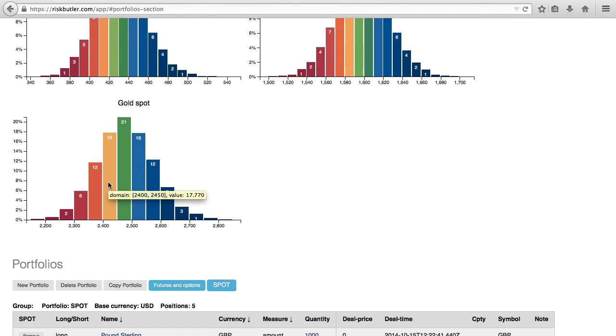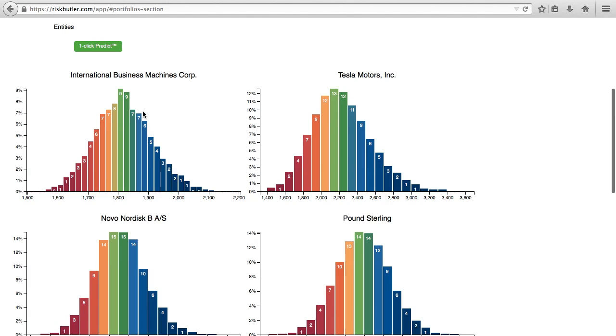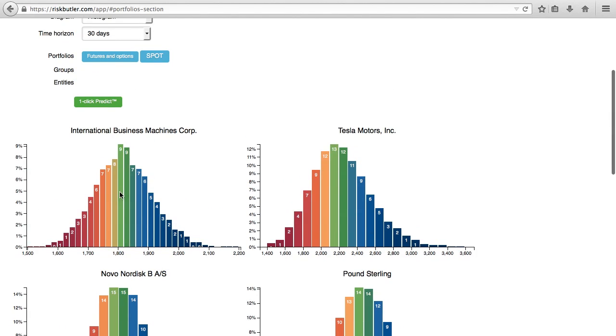So for instance, in this bar here, the yellowish bar, orange, within a value of gold between $2,400 and $2,450, there's a 17 or nearly 18% chance of that occurring within the next 30 days. And generally the reddish colors are on the loss side and the bluish colors are on the profit side.